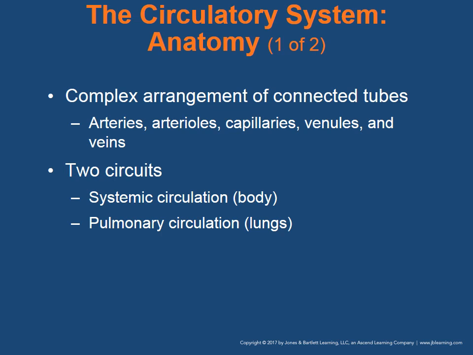Then we start the pulmonary circulation. This goes from the right ventricle, getting pumped to the lungs for that blood to be oxygenated again, and then returns back to the heart via the pulmonary vein. Now, some of you may have been under the impression that arteries carry oxygenated blood and veins carry deoxygenated blood.